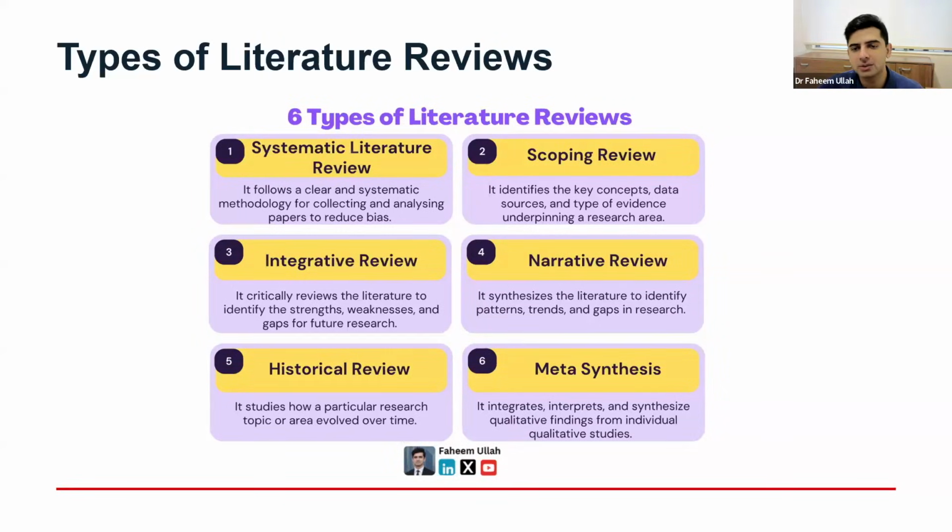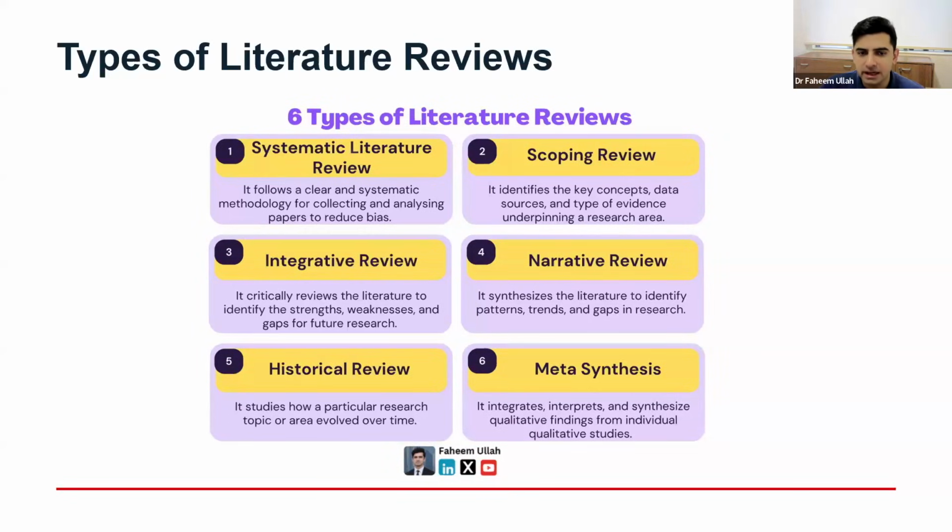What I mean by critical way is that, let's suppose I have identified 100 papers for my literature review. Then I will identify the strengths and weaknesses of each of those papers. For example, I pick paper 1 and I say that the strength of this study is that they have, let's suppose, used 10 different AI models to detect cancer, right?